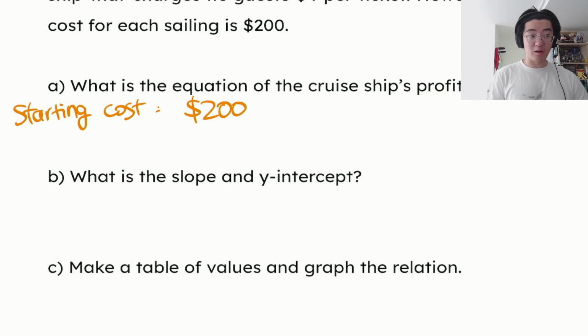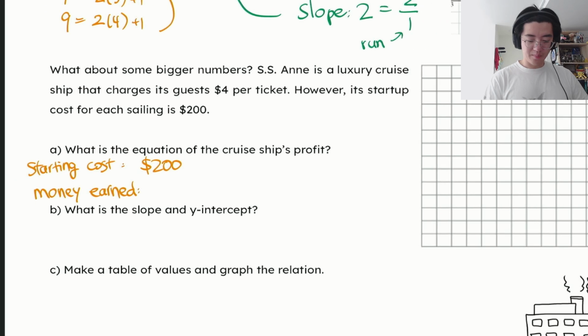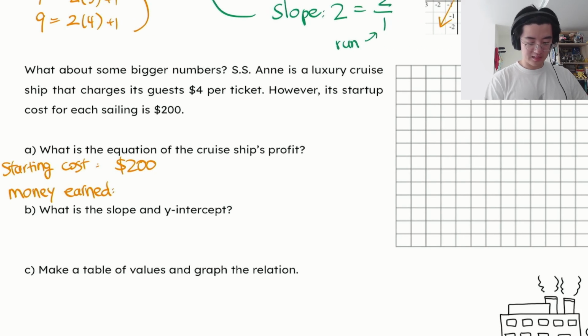Right, so how much money did we earn? We know that the money earned here is $4 for every ticket. Right, $4 per ticket. And so the profit is $4 per ticket.